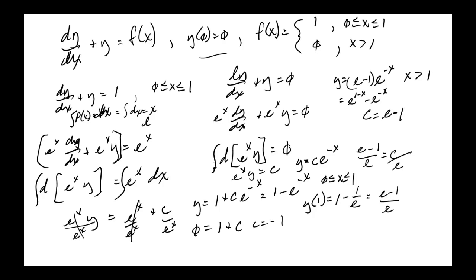So your function, and here's how they summarize it. Y of x is equal to a piecewise function, but this is a continuous function. 1 minus e to the minus x anytime x is between 0 and 1 inclusive, and e minus 1 times e to the minus x anytime x is greater than 1.